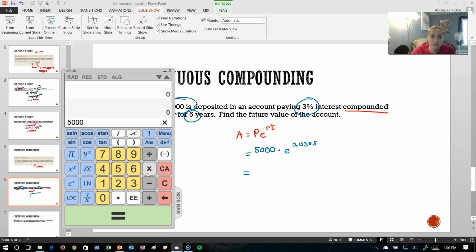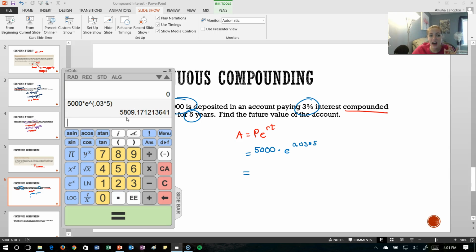5,000 times. Now, this calculator has an e to the x button, which is awesome. Super handy. So we just hit e to the x, and it actually does the exponent for us. And then we just plug in our exponent, which is 0.03 times 5. Close that exponent.